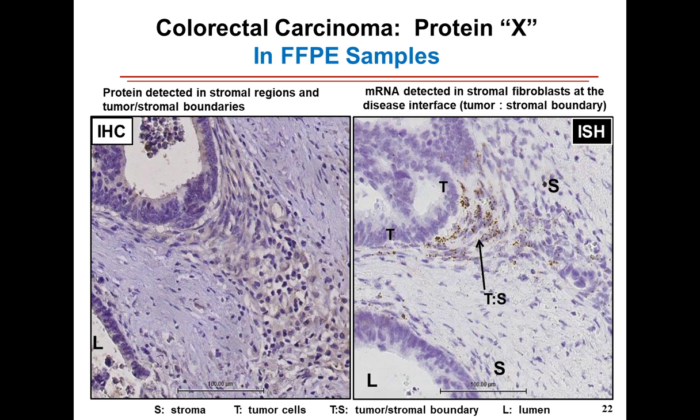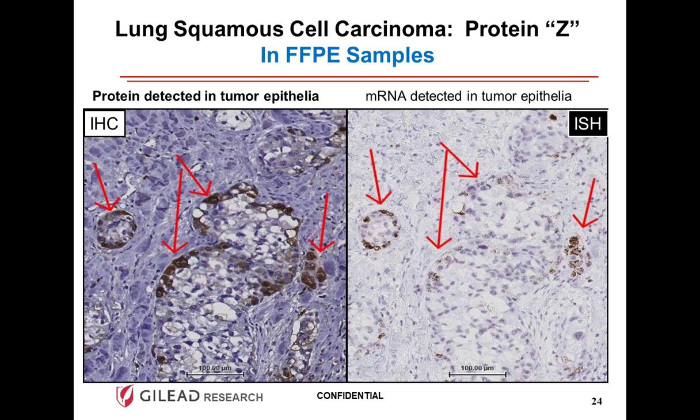We see the tumor cells with the T, and then we see the TS, the tumor stromal boundary. If you were to look at an FFPE image, which is on the left with IHC, it again looks like a very sticky, blushy stain. But when we did in situ hybridization, we were able to confirm that that is true expression of protein X at that tumor stromal boundary.